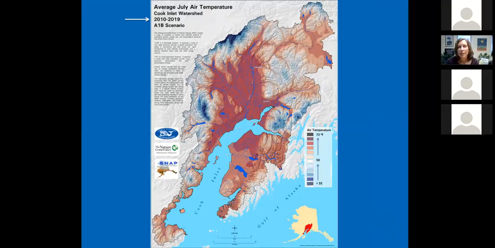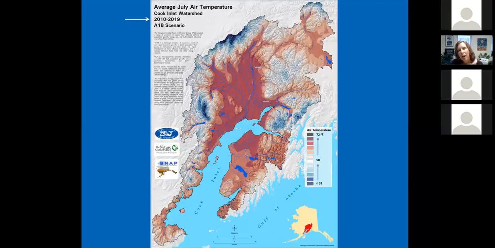And so this is a map of the Cook Inlet Basin, and this is for the decade of 2010 to 2019. So hopefully this is somewhat representative of the scenario that we have now. These are the temperatures that we see here in South Central, and they go from, up in the glacial high parts of this watershed, which include the southern flank of Denali, temperatures that are glacial and below freezing even in July.